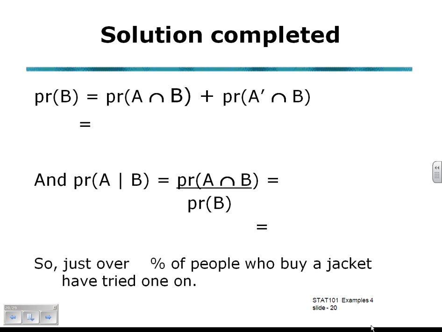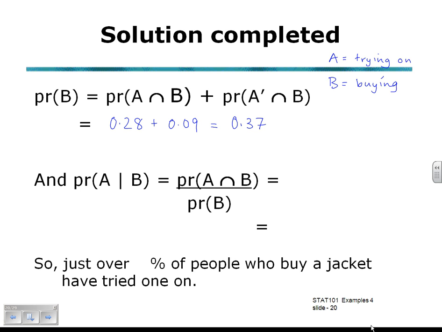So transferring those figures again, the total probability of B was probability of A intersection B added together to the probability of A complement intersection B, the two paths that both led to that outcome of B. Total probability of B then, 0.28 plus 0.09 equaling 0.37.